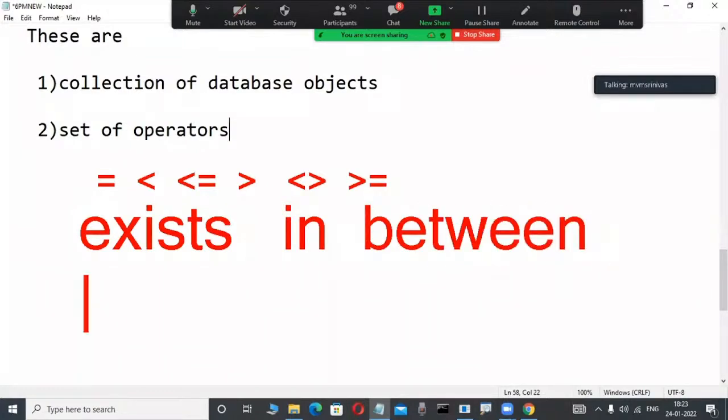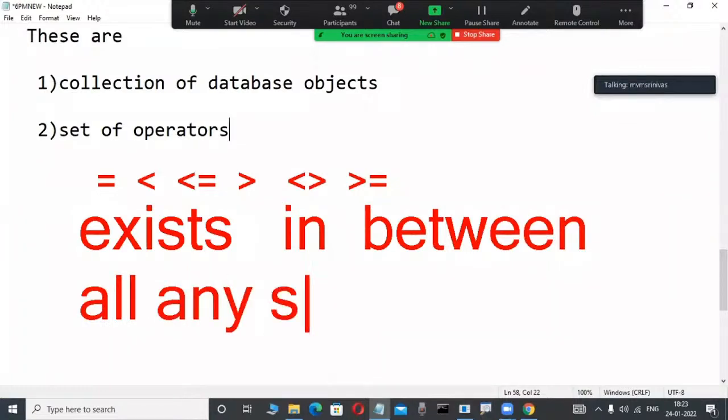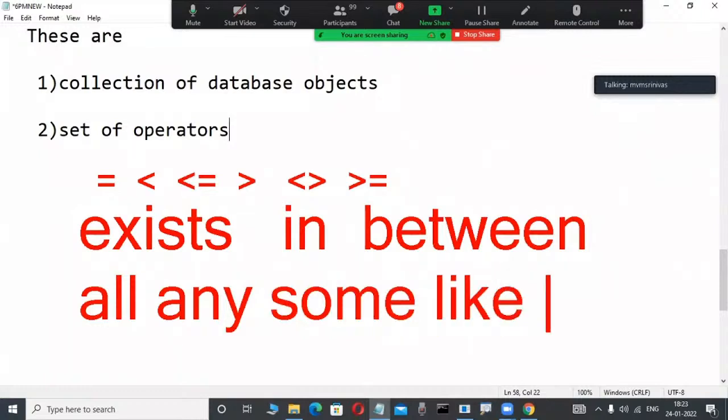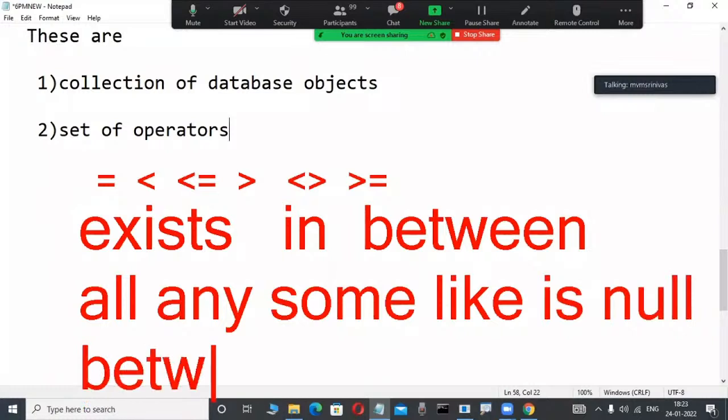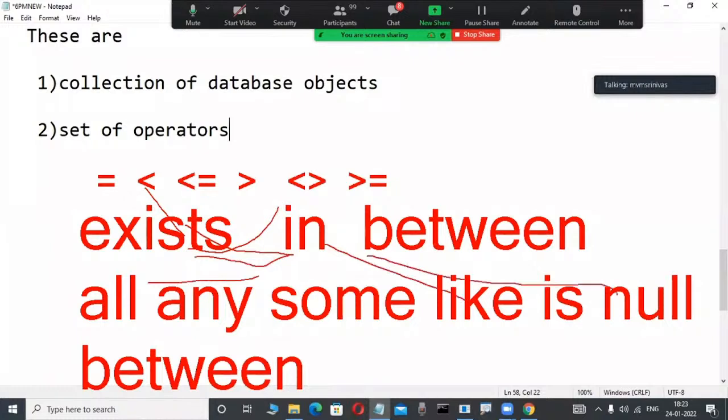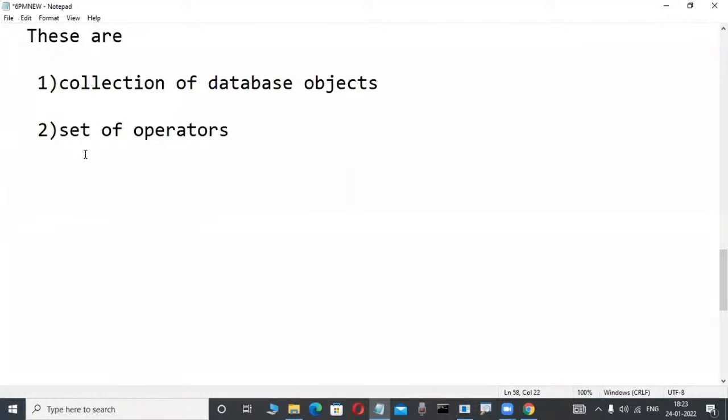ALL is an operator, ANY is an operator, SUM is an operator. LIKE is an operator, IS NULL is an operator. What is EXISTS, what is IN, what is the difference between them, where we are using them, what is the performance tuning, all those things we are learning in our course. Through these operators we are operating only.